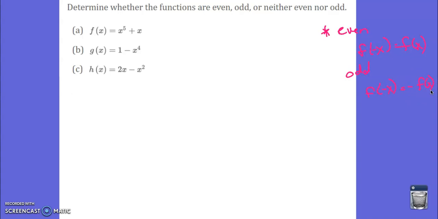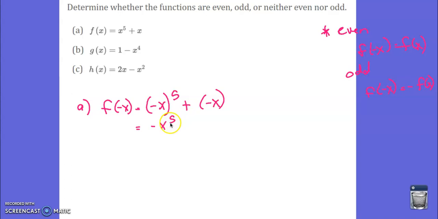So let's look at letter A. I take this function f of x and substitute in negative x wherever x is. This still gives me negative x to the 5th, and this gives me negative x.